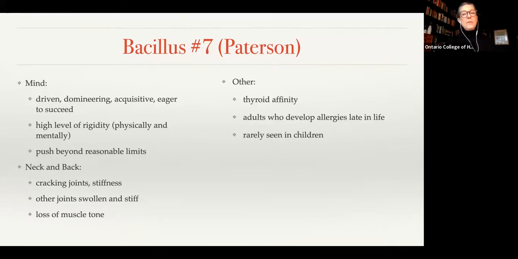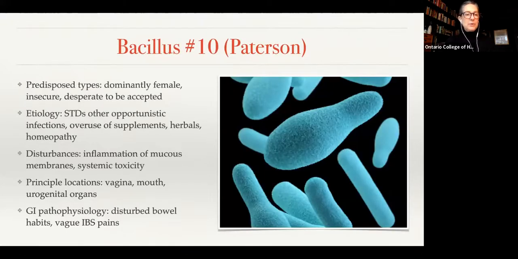And when the picture of the remedy matches up, and the more structural things that I've discussed at the beginning of this remedy, sort of the etiology and the predisposed types, that's when it's a great idea to try a bowel nosode.